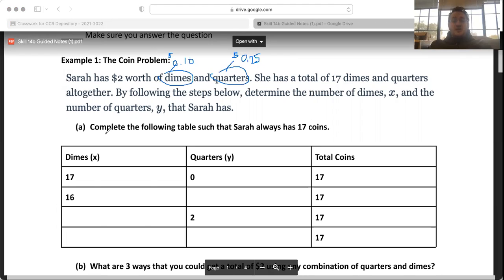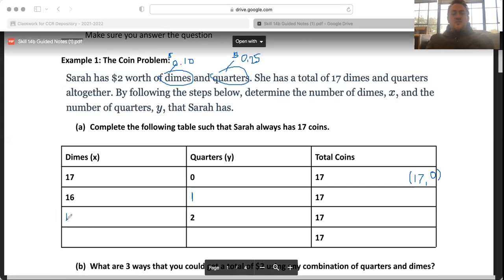The first thing that we could think about is how do we get 17 coins? What are the possibilities? We're not going to do every single possibility, but we're just going to illustrate here. I have 17 and 0 for my first one, so I could have 17 dimes and 0 quarters. For my second one, I could have 16, and if I have 16 dimes, that means I need to have 1 quarter.